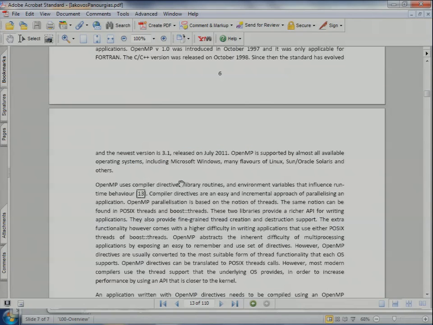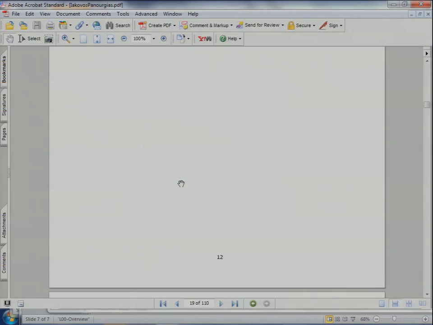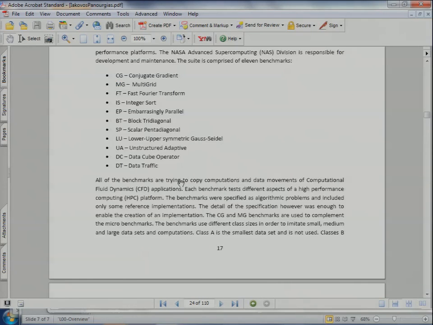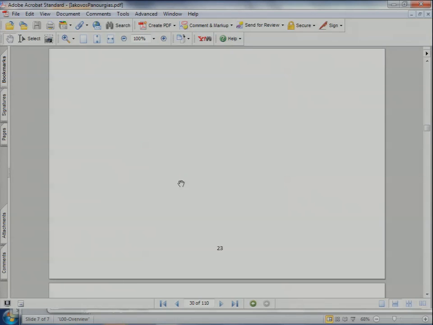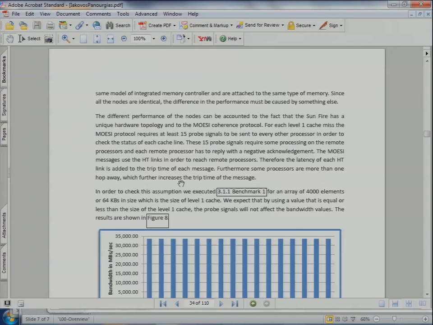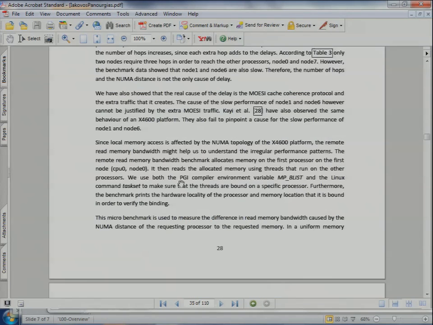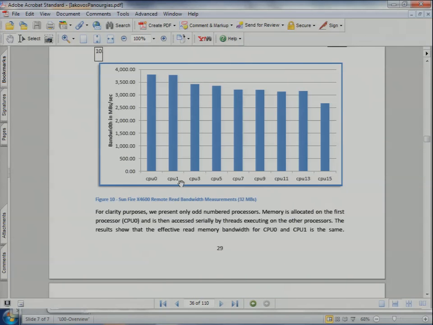But he has some nice tests. I'll just get that. So he was looking at the NUMA effects.